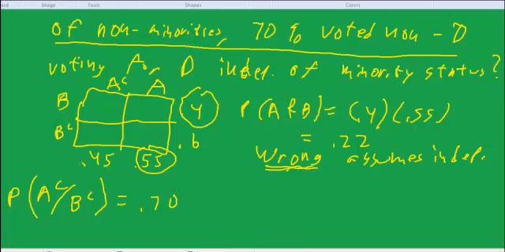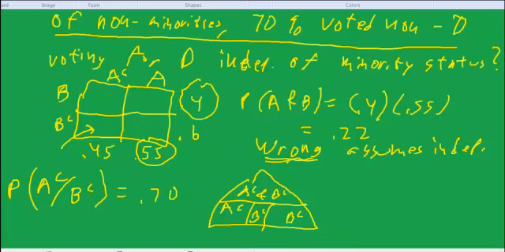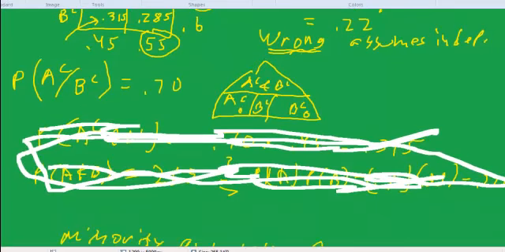Okay, and now we can use that, we can go into this part and use a triangle. Remember, the triangle will have AC and BC, and it will have AC given BC, and it will have BC. So let's use the triangle. We can get the probability of AC and BC is equal to, oops, made a mistake there.